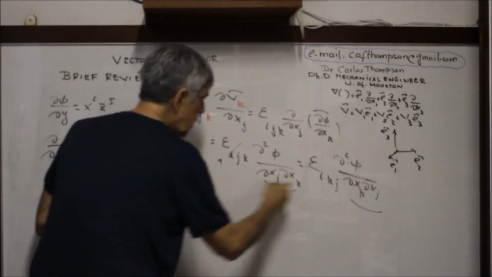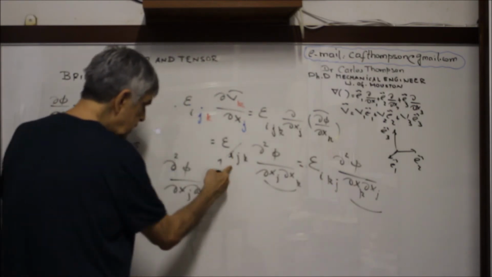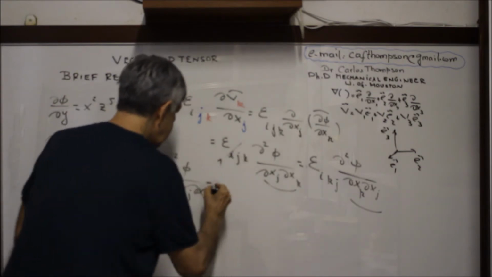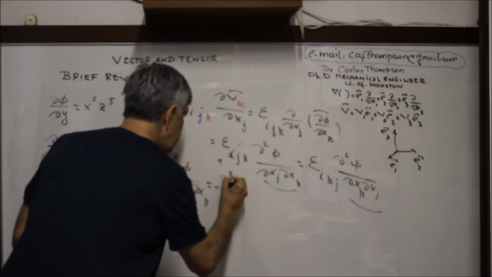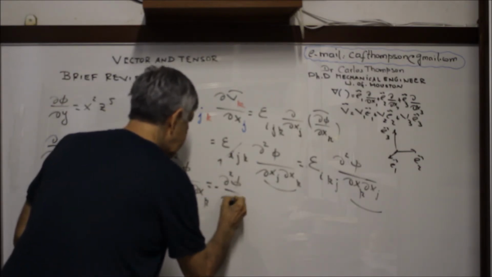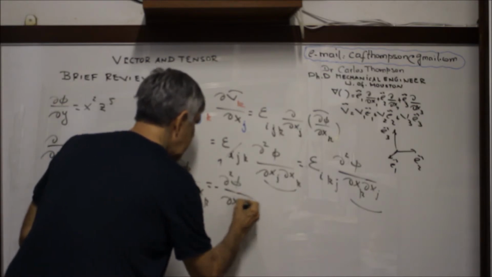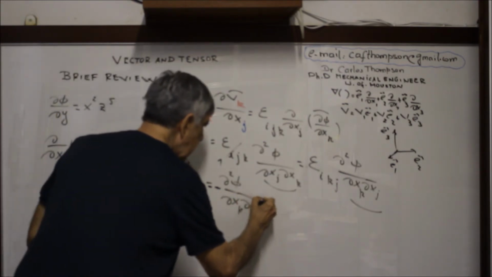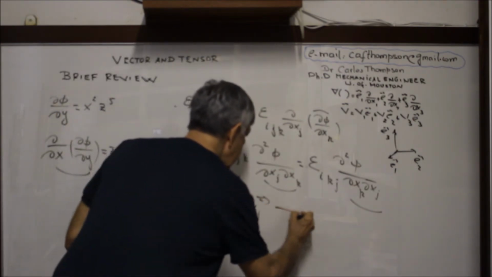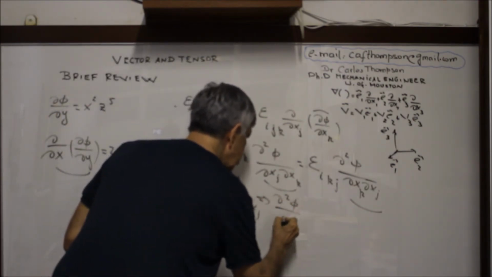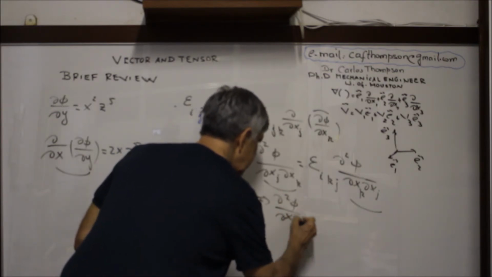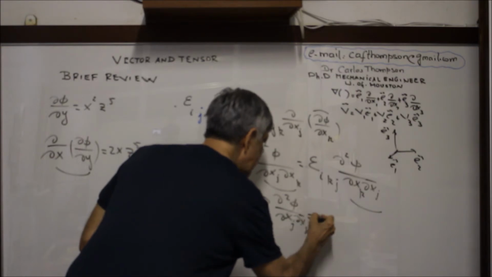Now, if this is 1, this is minus 1, because I just moved once, equal to minus partial of phi with respect to xk, xj. This implies that the partial derivative of phi with respect to xj xk must be 0.